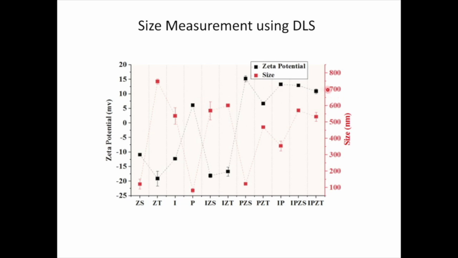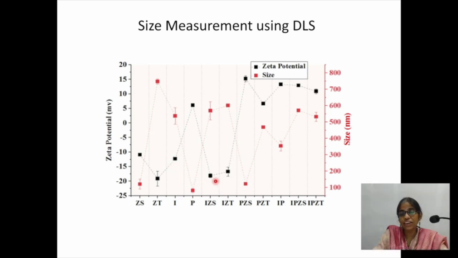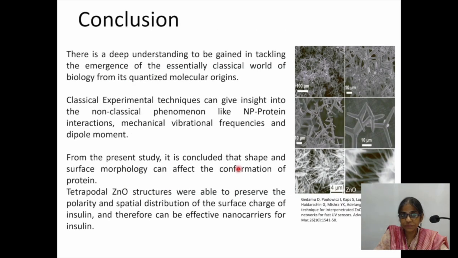So it is again an indication that using tetrapodal zinc structures can actually preserve the electrical properties of a protein, and because electrical properties are a measure of the polarity of the system, the functional specificity of the protein can be preserved, and the drug can be more effective in target specific actions.